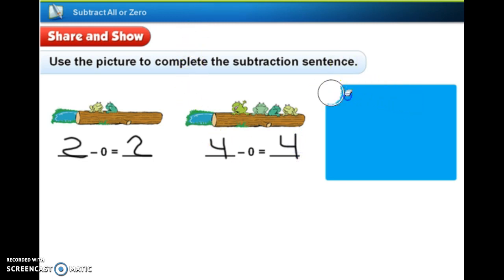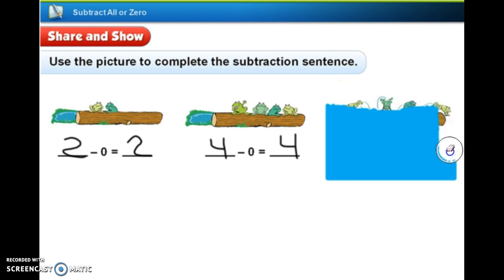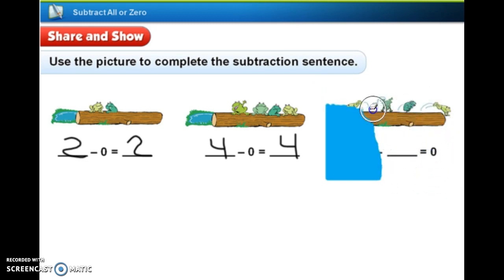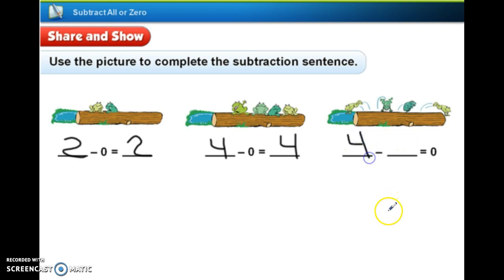All right, one more and then you can finish the page. How many frogs are in my picture? Let's count them. 1, 2, 3, 4. There are 4 frogs.